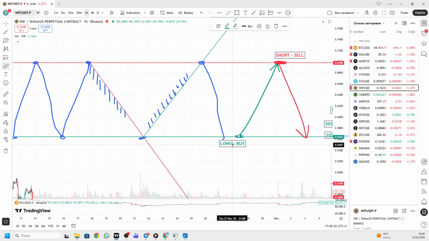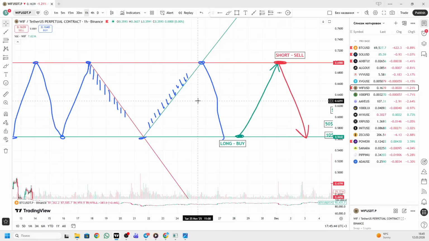Long, what does it mean long? You buy cheaper and you sell higher, right? So, for example, let's say you bought, well, let's say it here. Let's do it like this.